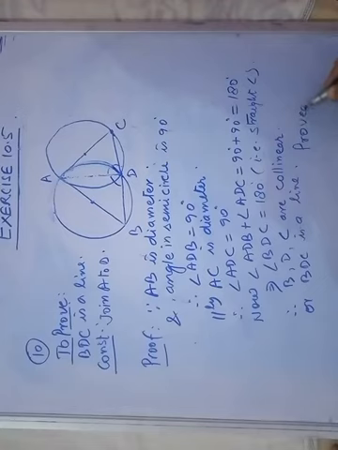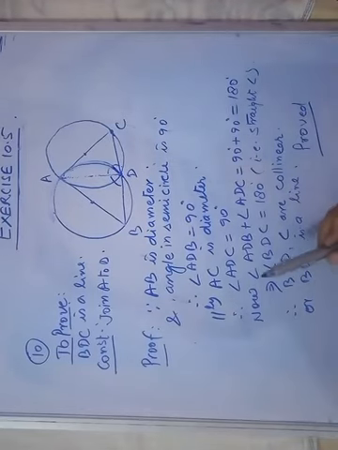So as proof, it means BDC is a line. Okay. Next question.